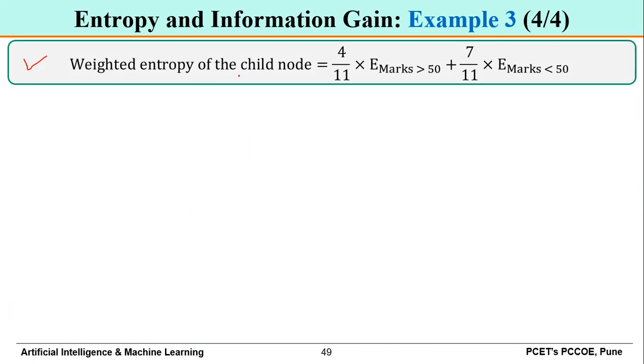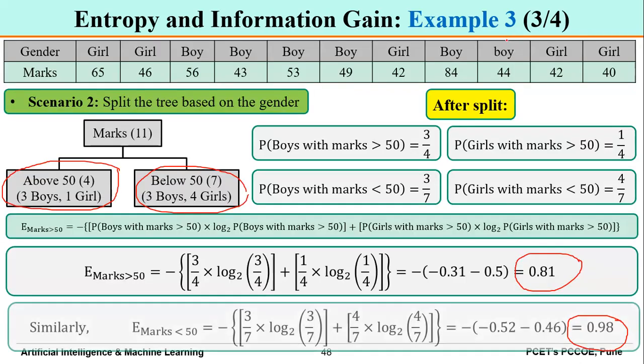The weighted entropy for the child node is 4 by 11 multiplied by the entropy when marks are greater than 50, plus 7 by 11 multiplied by the entropy when marks are less than 50. Where do that 4 by 11 and 7 by 11 come from? In the previous slide it is there, 4 divided by 11 and 7 divided by 11.